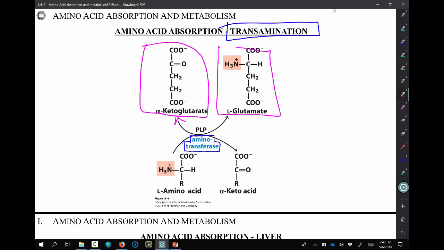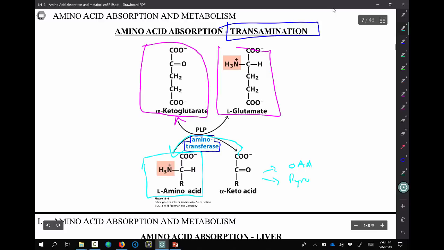They can then use any of the other amino acids, and again, it can go in either direction, to make an alpha-keto acid. This would be oxaloacetate or pyruvate. Those would be the two most common, not alpha-ketoglutarate, because it's already using alpha-ketoglutarate.